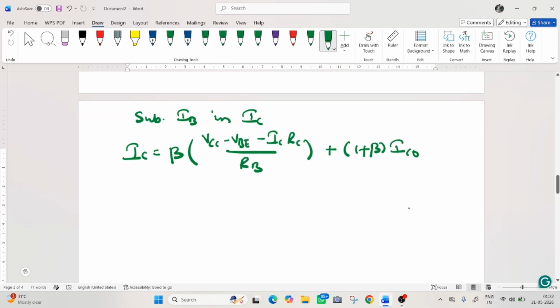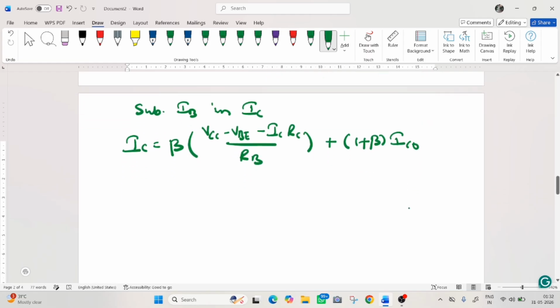Very simple. Now we have to do the differentiation. Actually, before doing this differentiation, the collector current is there on both sides. Let me put this collector current on one side, then it will become easy. Let me send this beta to the inner side.